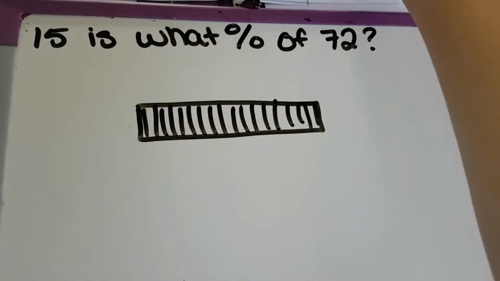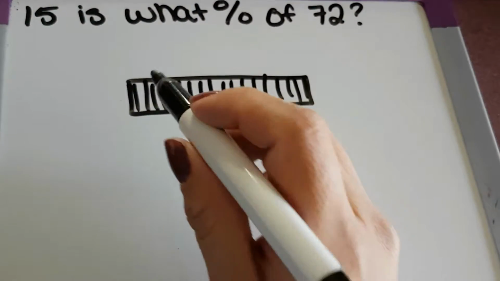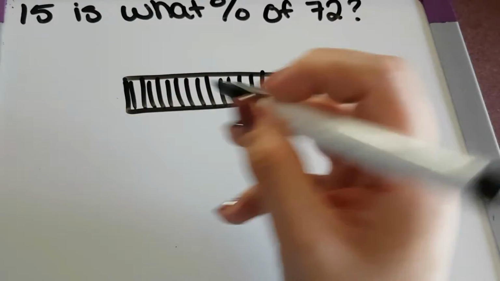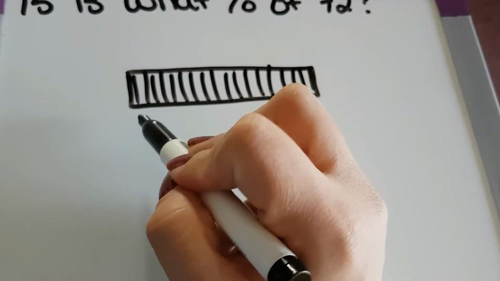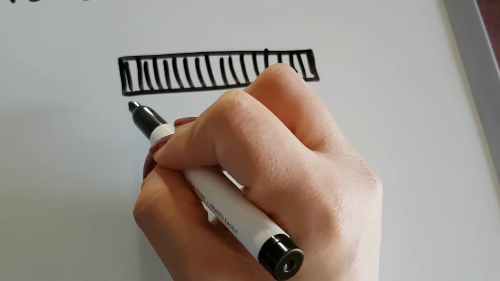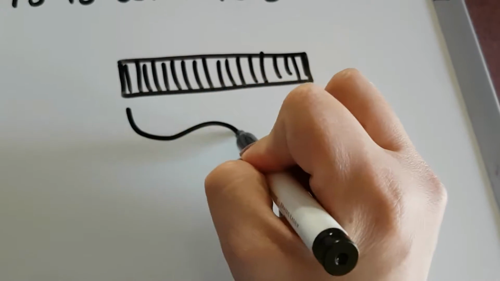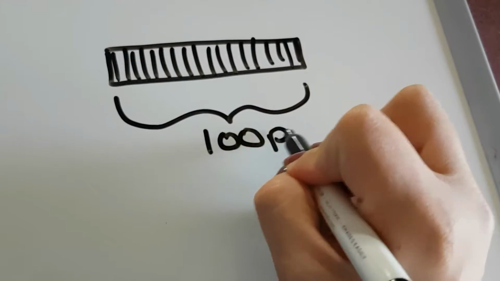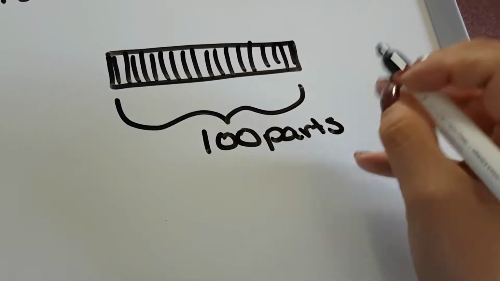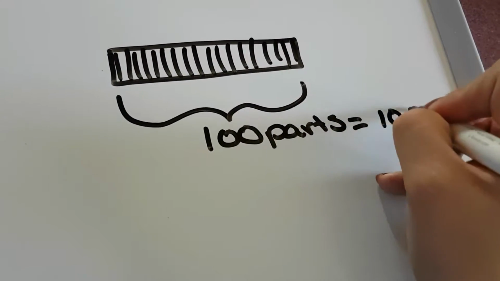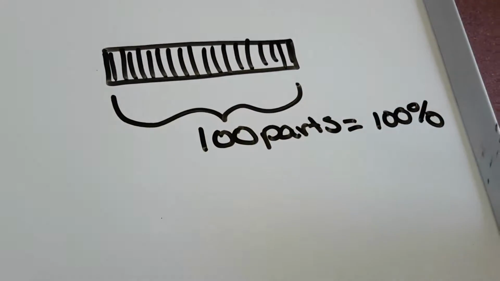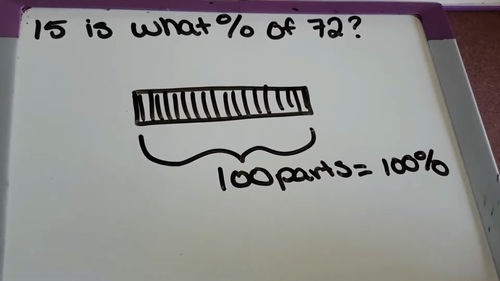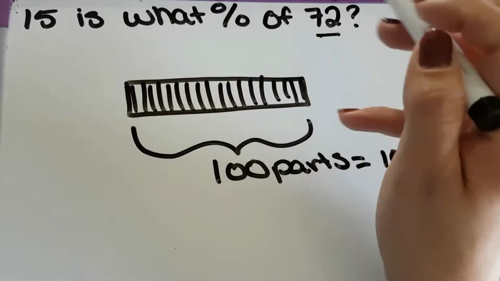Well, now that we got our percent bar, we will break this up into 100 parts. Remember, it doesn't have to be exactly 100 parts. So this would be 100 parts, also known as 100%. Our whole in this problem is 72.